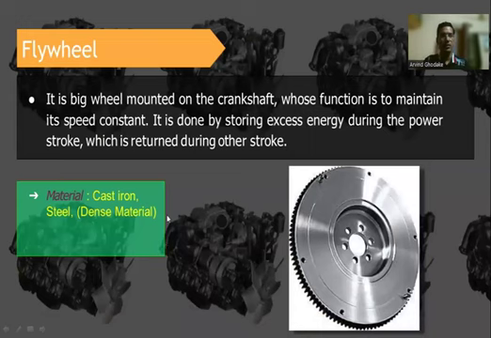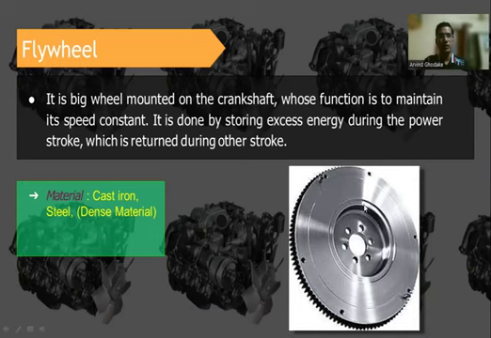Then the next component is the flywheel. It is a big wheel mounted on the crankshaft, whose function is to maintain its speed constant. It is done by storing the excess energy during the power stroke, which is returned during the other strokes.